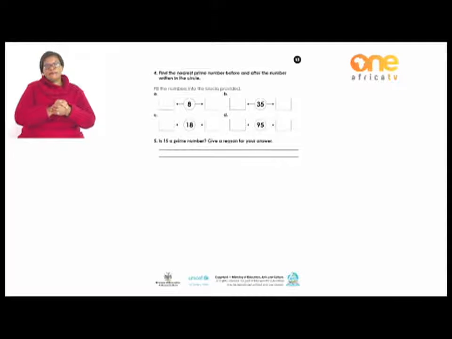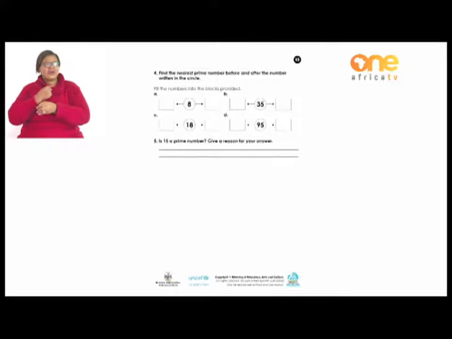Let me just help you a little bit there at A. The nearest prime number before 8 will be 7. Are you getting it? But the nearest prime number after 8, be careful, it's not 9.